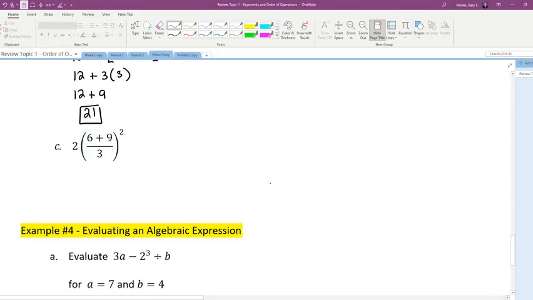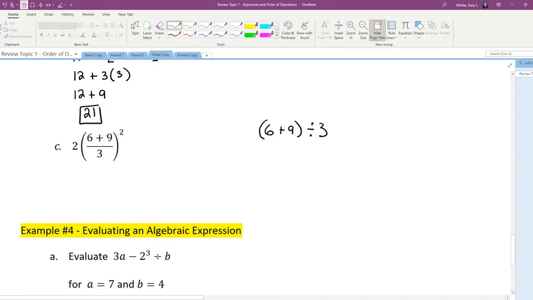A division can act as a grouping symbol in this case specifically, because what we have is a 6 plus a 9 all divided by 3. If I just look at that problem, it's basically telling me, without writing it, you need to do the 6 plus the 9 first, and then you're going to divide all of that by 3.